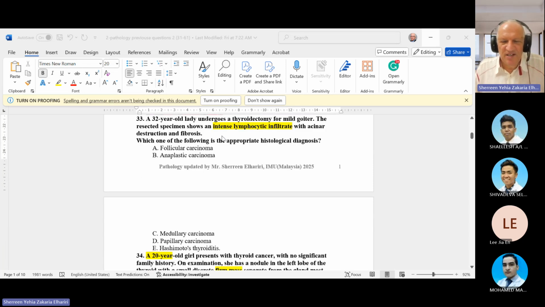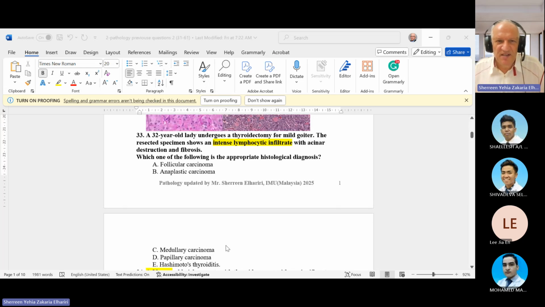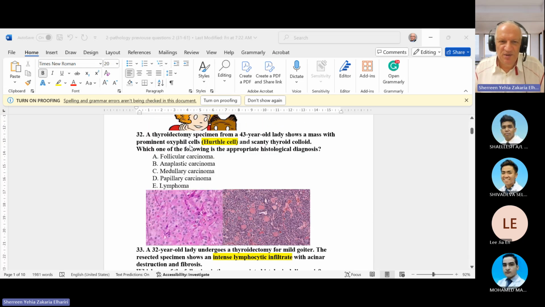So which disease of the thyroid can be complicated by non-Hodgkin lymphoma? Anyone know? Hashimoto's. Yeah, Hashimoto's thyroiditis.